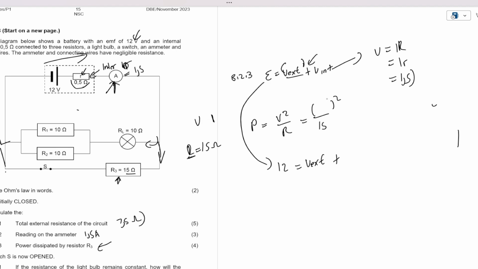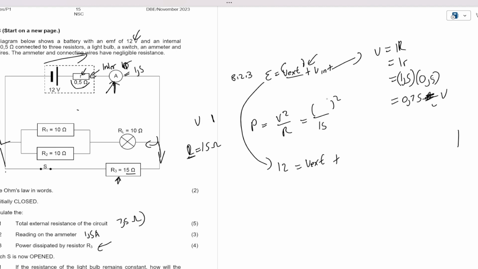And then the r is the small resistance, which is 0.5, multiplied by this 1.5, or it's just half of this, which is just 0.75. I didn't have to calculate that one. So here's our voltage, it's volts.